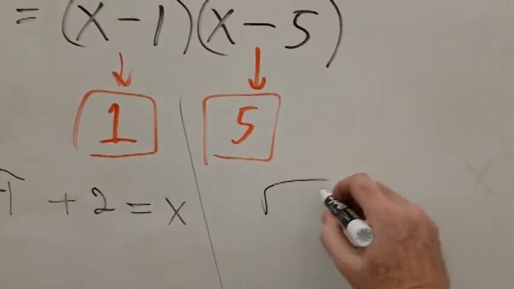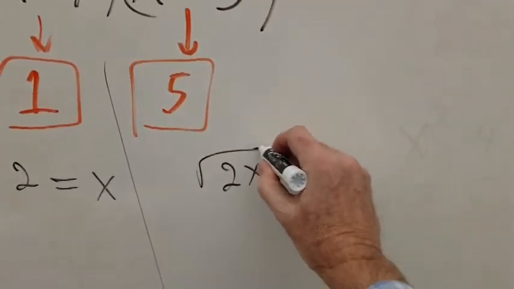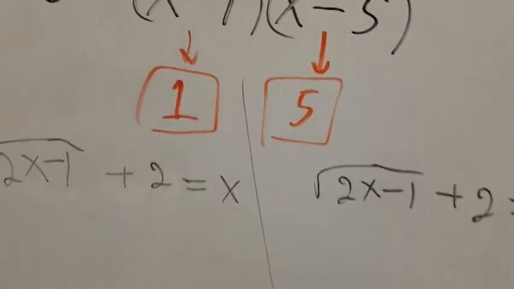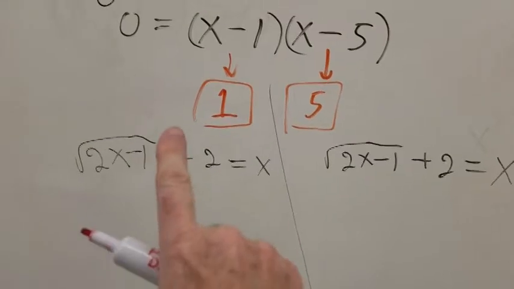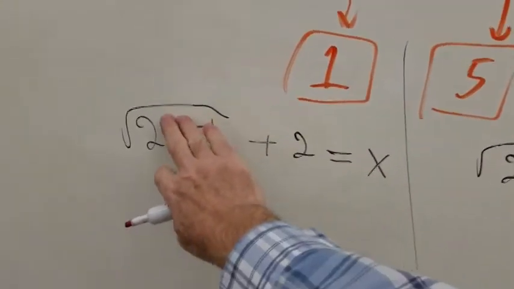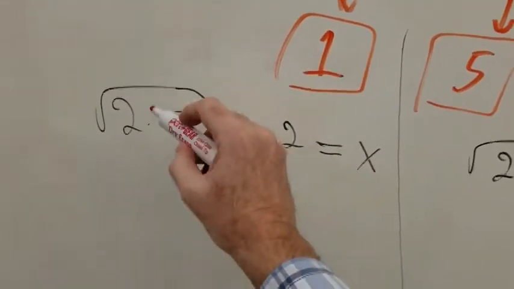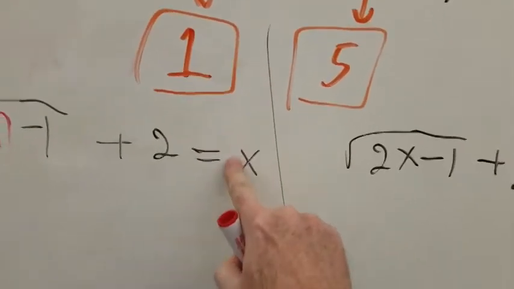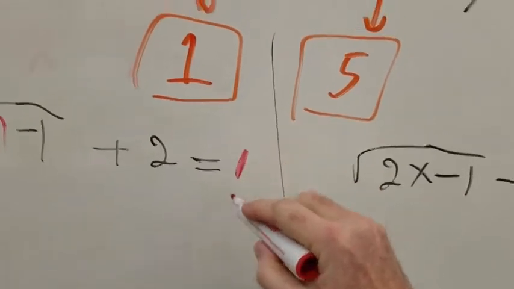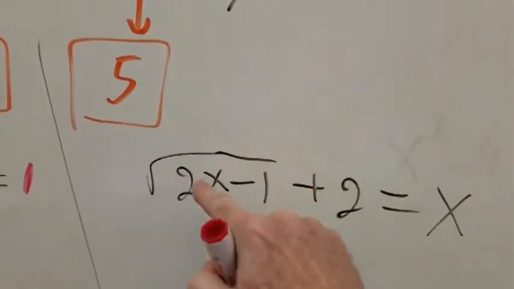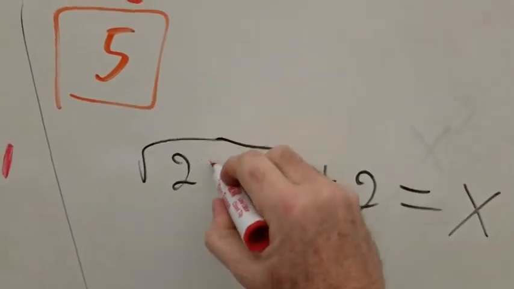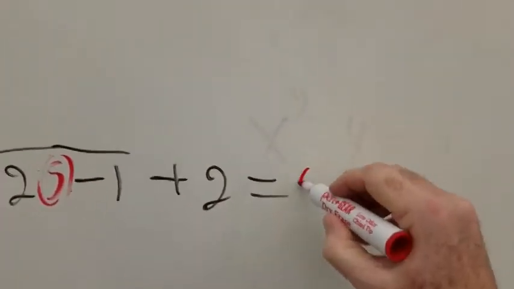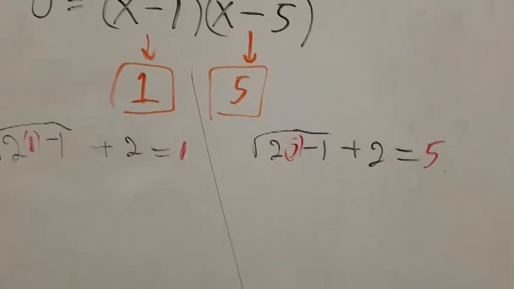Now here, this side we're checking for 1. So wherever there's an x here, let's erase it and put this 1. And here's another x, let's erase it and put a 1. On this side, let's put a 5. So let's put a 5 here to check. Here's another x, let's erase it and put a 5. So I'm checking my work.